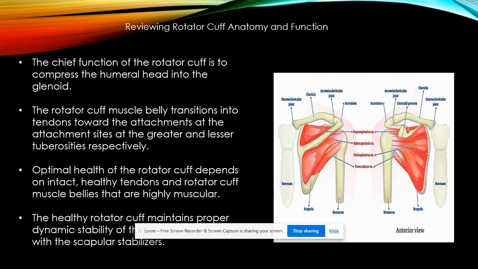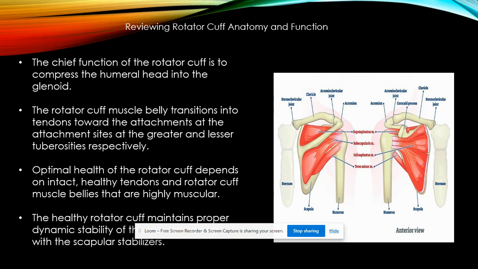And we also talked about how the rotator cuff muscle bellies themselves, depending on their health, can be either fully muscular or have some fatty infiltration, which can affect the tissue extensibility of the cuff, and can also affect the ability of a surgeon to repair the cuff if needed, right?